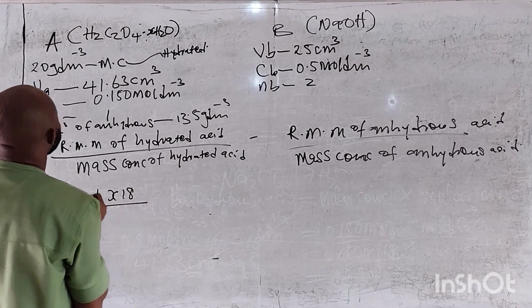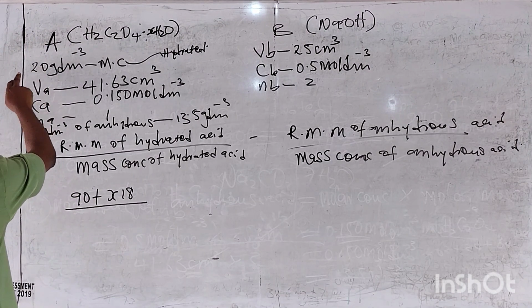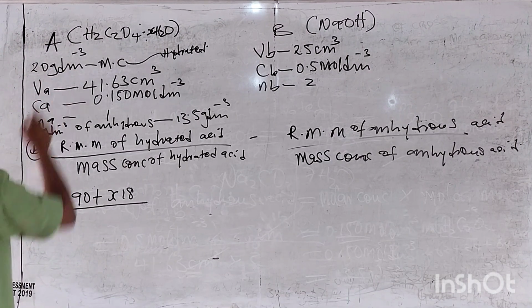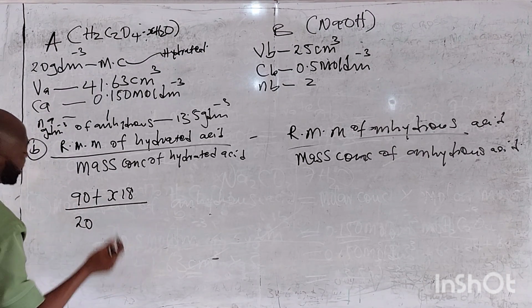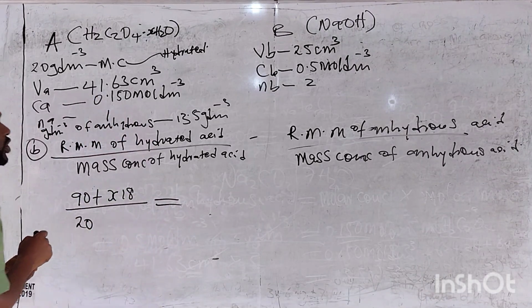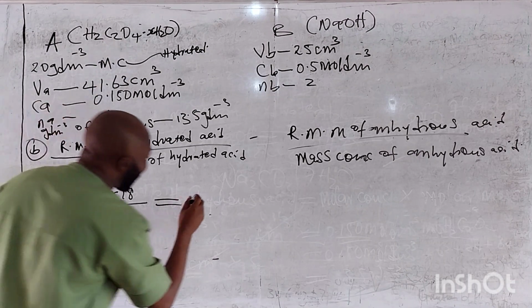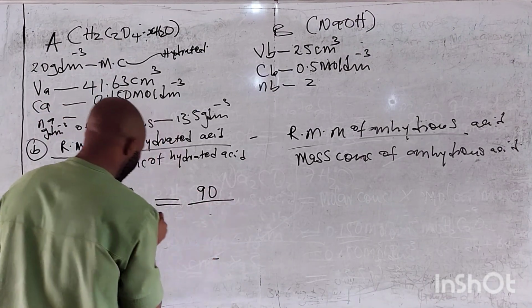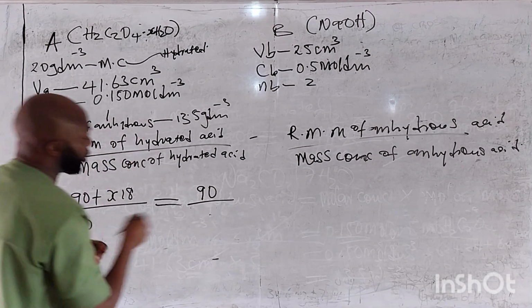Over the mass concentration of the hydrated, which they gave us as 20. This equals the relative molecular mass of the anhydrous, 90, over the mass concentration of the anhydrous, which we just calculated: 13.5.